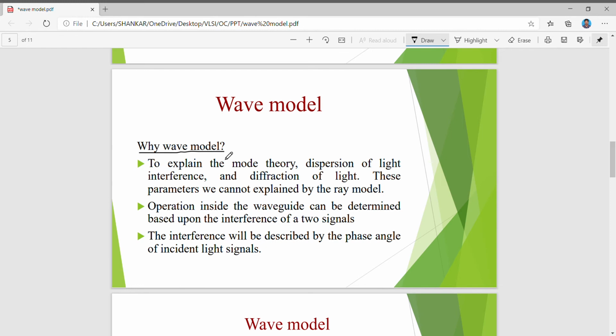The ray model has some drawbacks. It gives the impression that, during total internal reflection, let us assume this is an optical fiber and we are sending an incident signal here, the incident signal is totally reflected inside the waveguide.